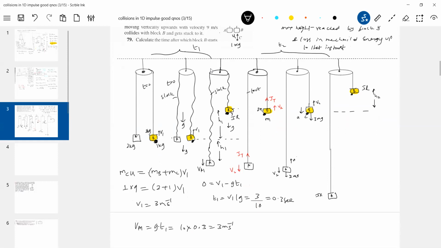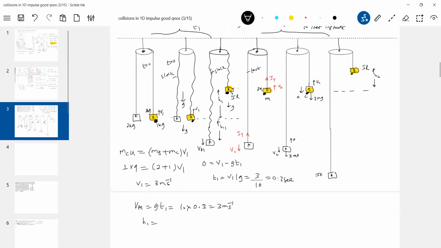So this is VA1. Can we calculate H1? Better to use the simplest thing. So 10 by 2, T1 square, 0.3 whole square. So we'll get H1.